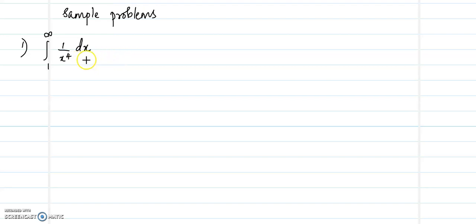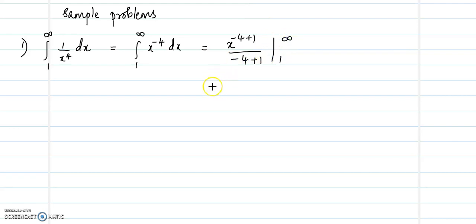First question is we need to solve the integral from 1 to infinity of 1 by x raised to 4 dx. So this will be equal to the integral from 1 to infinity of x raised to minus 4 dx. So the integral will be x raised to minus 4 plus 1 by minus 4 plus 1 from 1 to infinity.